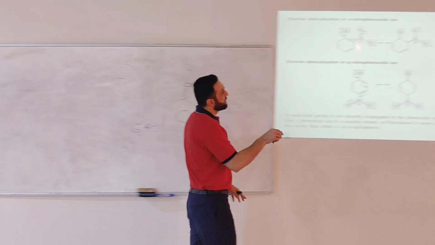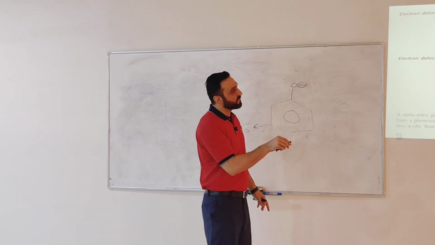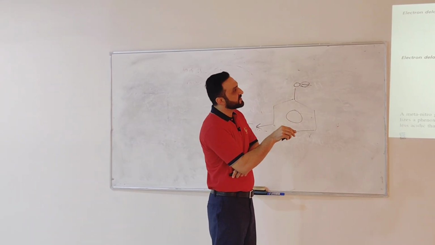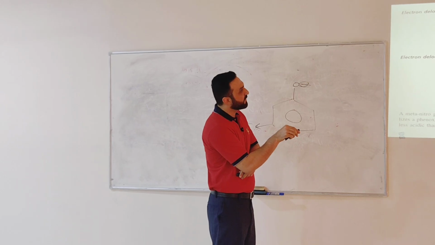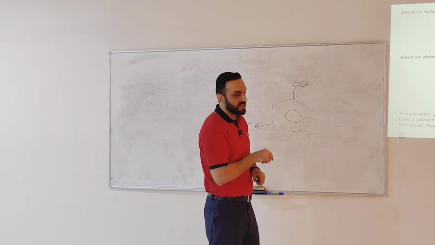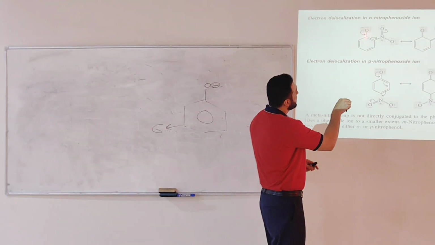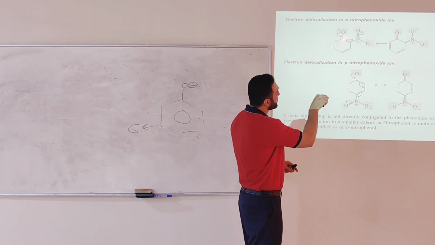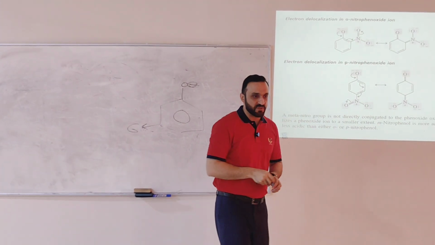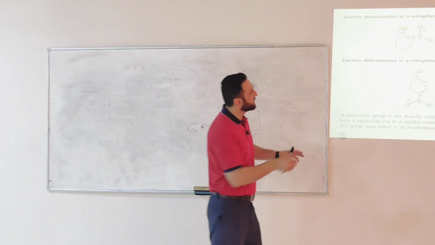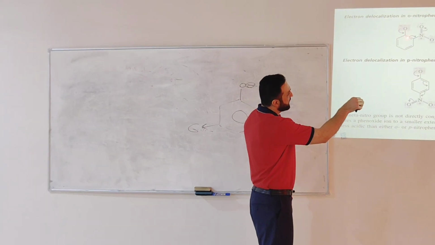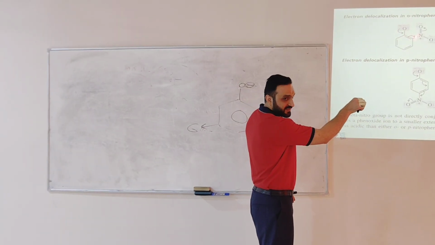Now, this is the ortho derivative. I will remove the proton. It will give a minus on the oxygen. This minus on the oxygen will be stabilized by resonance with the nitro group. If you write it here, this makes a pi bond and this opens up to here.